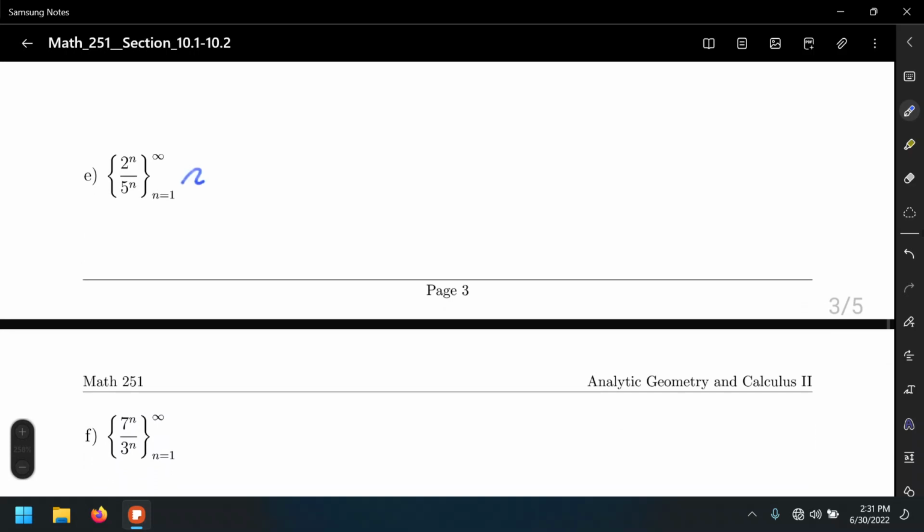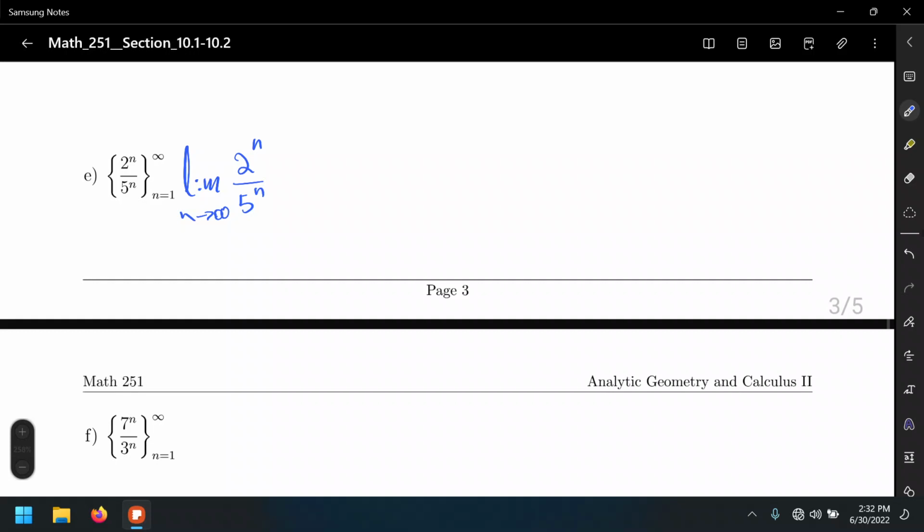Okay, letter E, limit of 2 to the n over 5 to the n, as n approaches infinity, not n factorial. What about this one? It's 0. I agree with the 0, but why is it a 0?